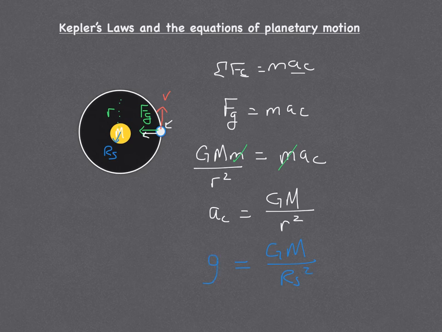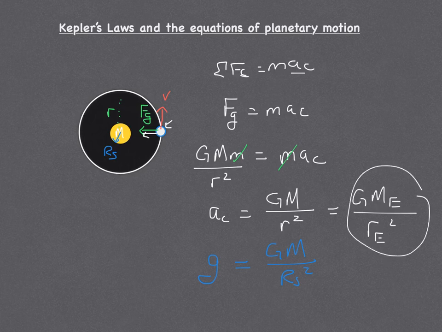What this centripetal acceleration would be is the gravitational constant. So if we used the mass of the Earth over the radius of the Earth squared, this one would equal 9.8.